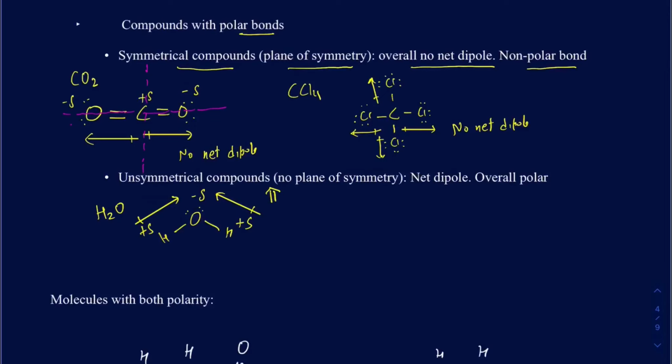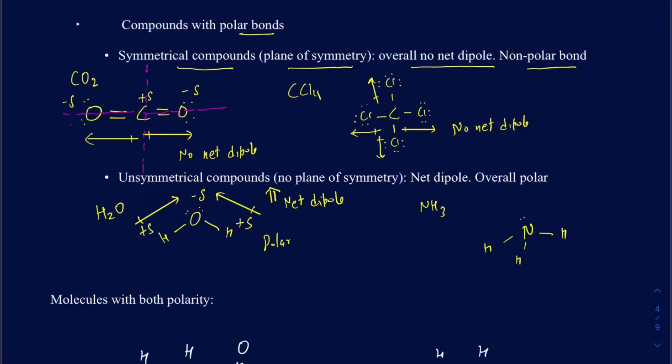So sometimes they do ask you to draw the direction of the net dipole. So this is how the net dipole is going. It's going to be going toward the top of the molecule. So since there is a net dipole, you will have this molecule to be polar. What about something like NH3?